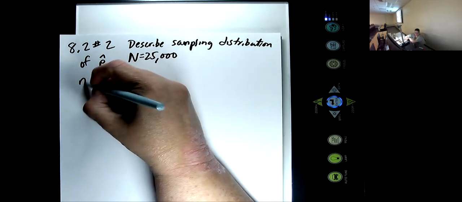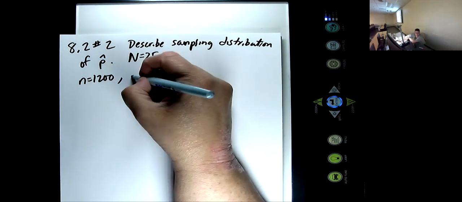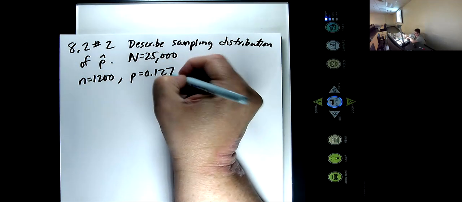They give us little n is 1,200, and p is 0.127.